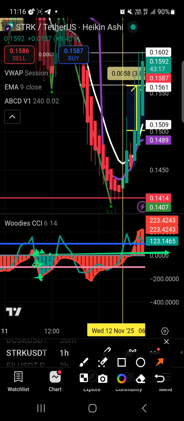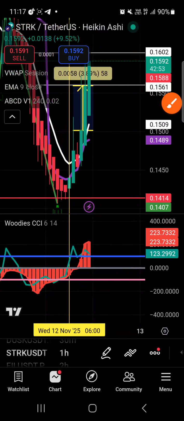It is a sign of going down. As you can check here, after this area the candles reversed deeply, which matches this area because the bars of the CCI were forming below this line.